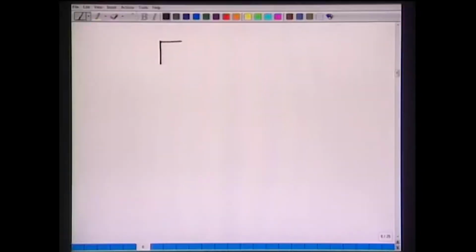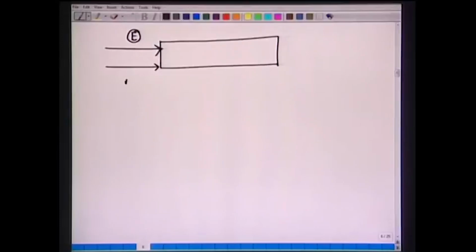Let's say that we have this packed column, in which we bring in a stream, which we call E, in contact with another stream, which we give the symbol R. We can assume that, for example, this is your liquid phase and this is the gas phase.